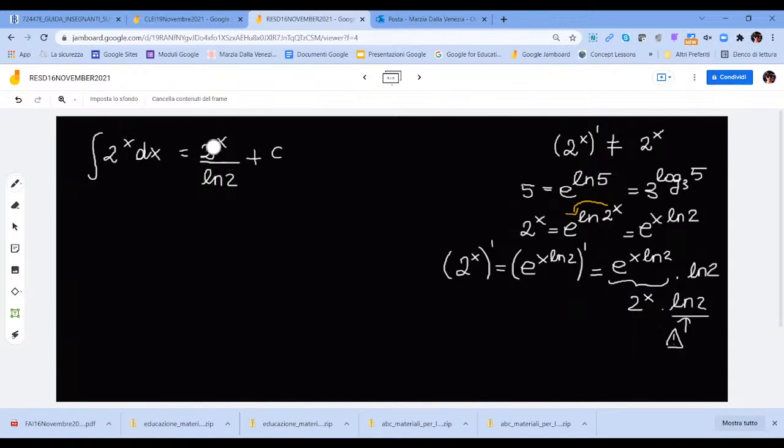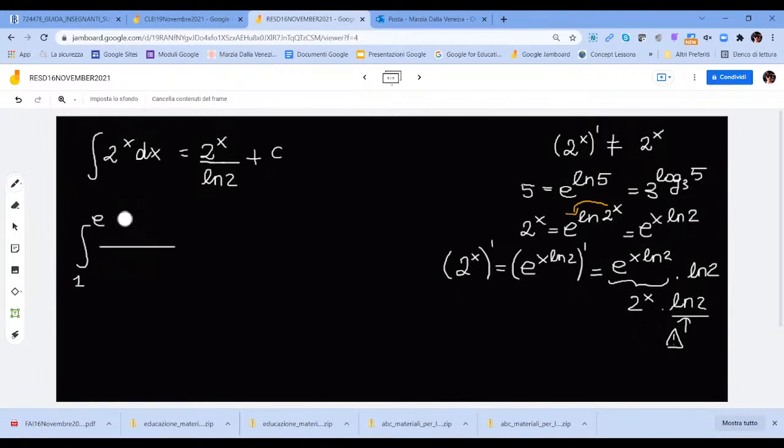If you derive this one, you obtain 2 to the x times logarithm of 2 divided by logarithm of 2, that gives you 2 to the x as a derivative. So this is the integral I wanted you to compute, because not always it is easy to see.